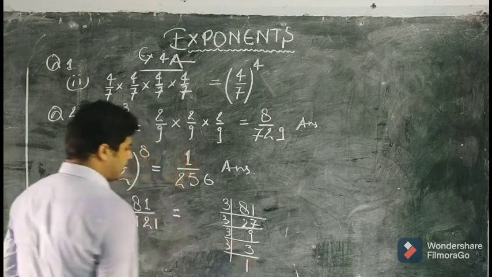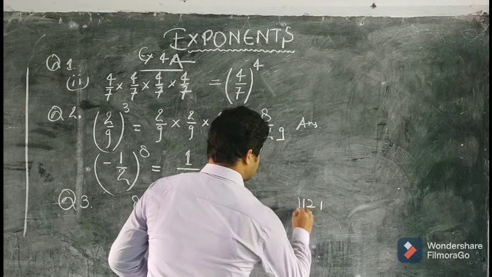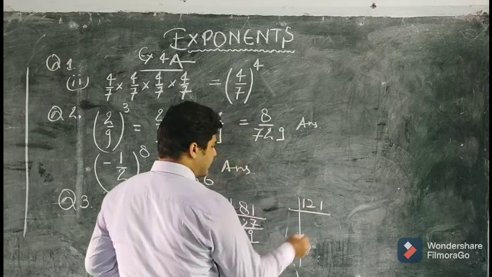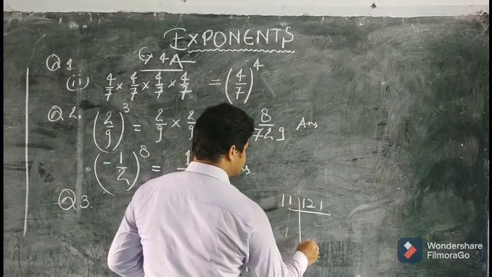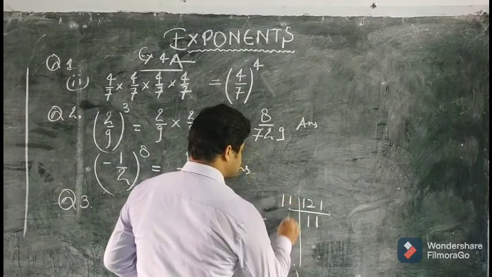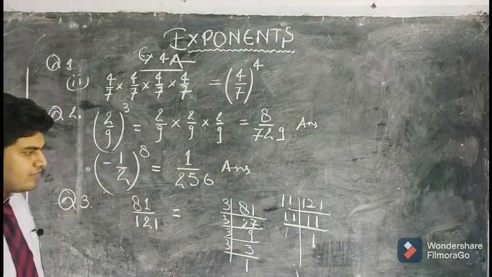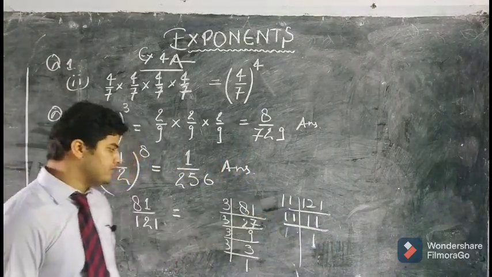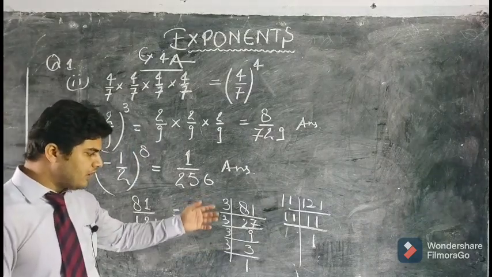So 4 times. And if you factorize 121, it will be divided by only 11, 11 times and 11 again. So 11 is coming how many times? 2 times. So we will make this also in a pair of 2.